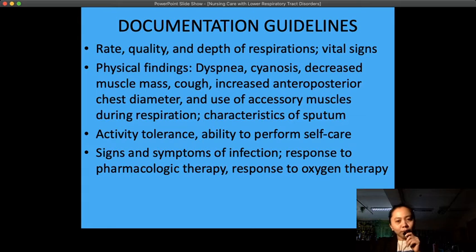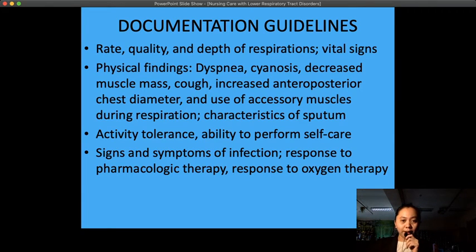Okay? So documentation guidelines. Rate, quality and depth of respirations, vital signs, physical findings, dyspnea, cyanosis, decreased muscle mass, cough, increased anteroposterior chest diameters, and use of accessory muscles. So, pag naggagano na, obvious ba?